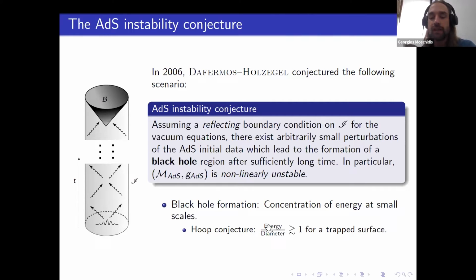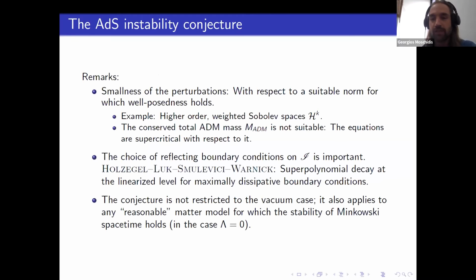So in other words, a two-dimensional surface is trapped, and therefore contained in a black hole, only if the energy contained there over the diameter is not too small. And since we look at perturbations which are initially small and therefore have small energy, in order to see a black hole forming, we expect that this energy is going to be concentrated at very small scales.